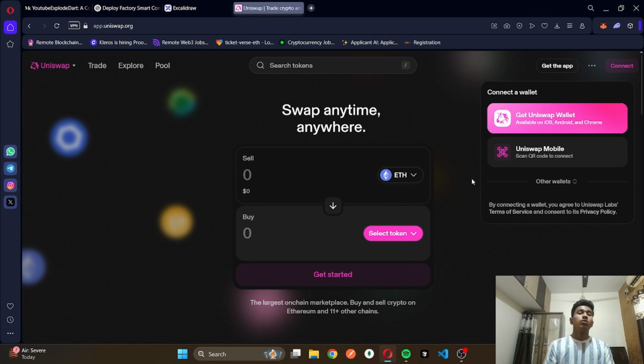On the other hand, if you go to any centralized exchange, you won't get this functionality to connect your wallet, right? They will say just withdraw your crypto to your wallet address.